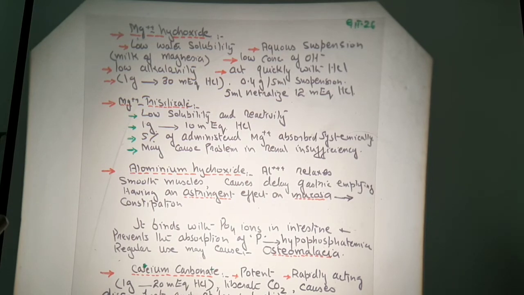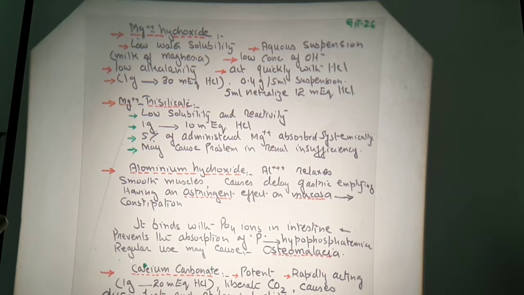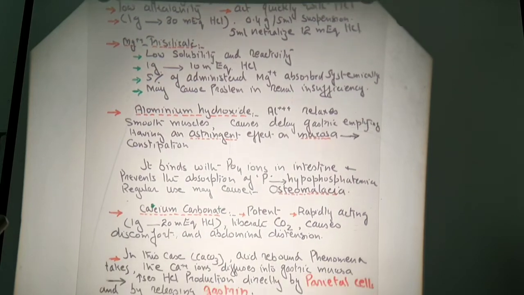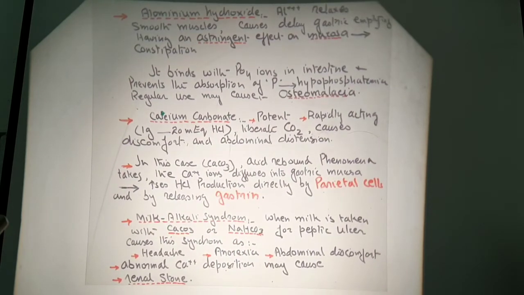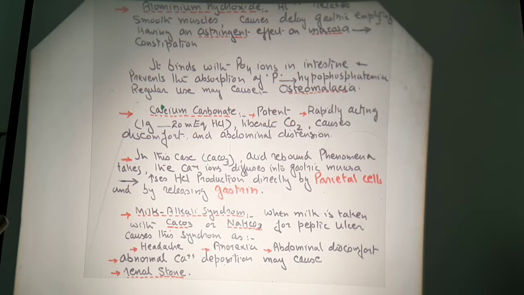So regular use of aluminium hydroxide may cause osteomalacia, that is, poor absorption of the minerals phosphorus and calcium. The bones become weak and easily fragile.